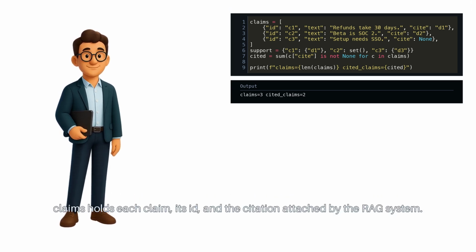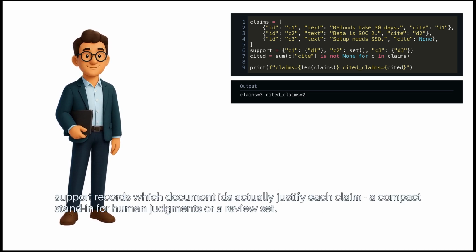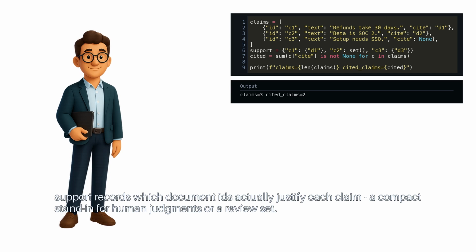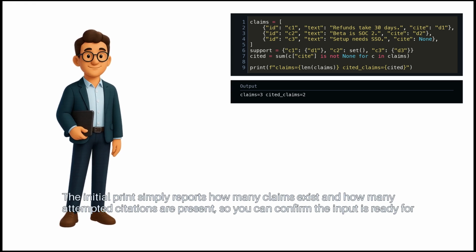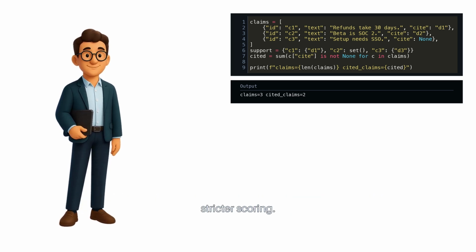Claims holds each claim, its ID, and the citation attached by the RAG system. Support records which document IDs actually justify each claim, a compact stand-in for human judgments or a review set. The initial print simply reports how many claims exist and how many attempted citations are present, so you can confirm the input is ready for stricter scoring.